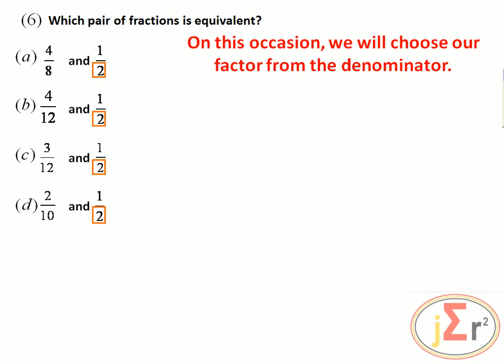If we need to transfer 2 to 8, what factor do we multiply by? 8. If we are transferring 2, not 1, 2, if we are transferring 2 to 8, what number do we multiply by? 4. And if we are transferring 2 to 12, what number do we multiply by?